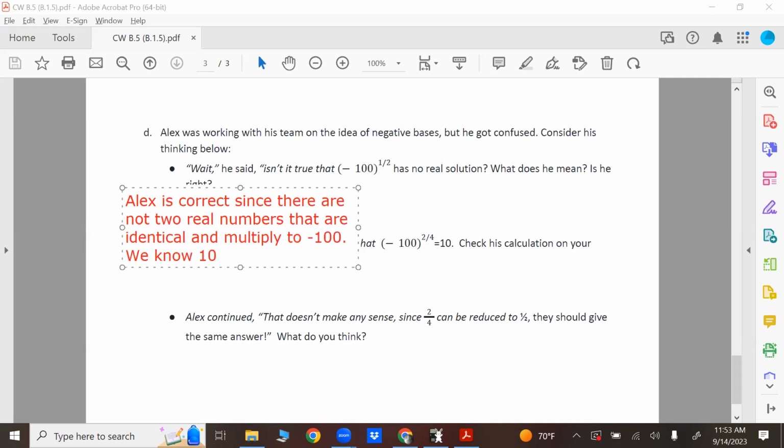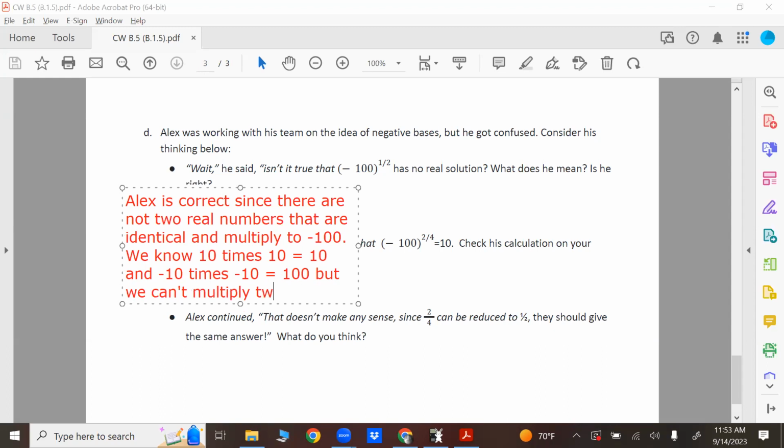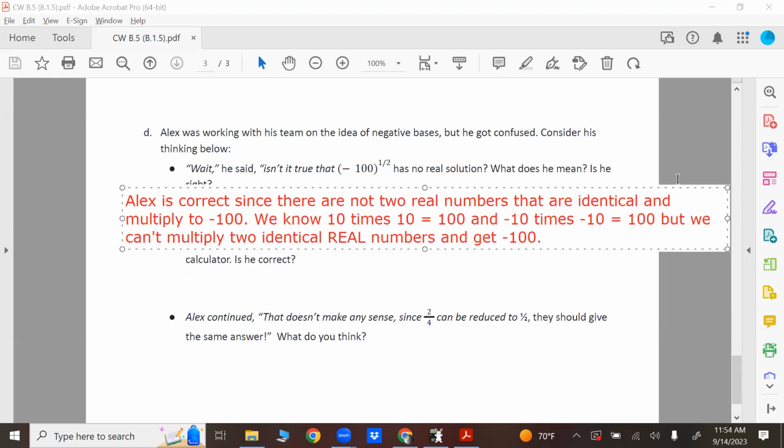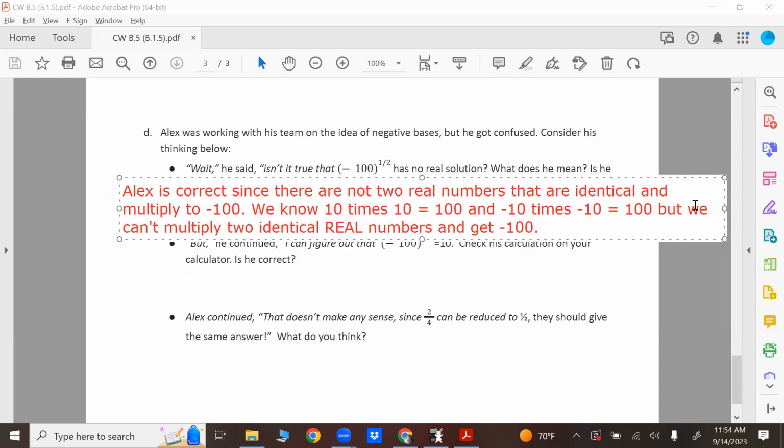We know 10 times 10 equals 100, and negative 10 times negative 10 equals 100. Okay, so I didn't leave myself space there. Oh, that fit. There we go. So that's what you want to say for part A.